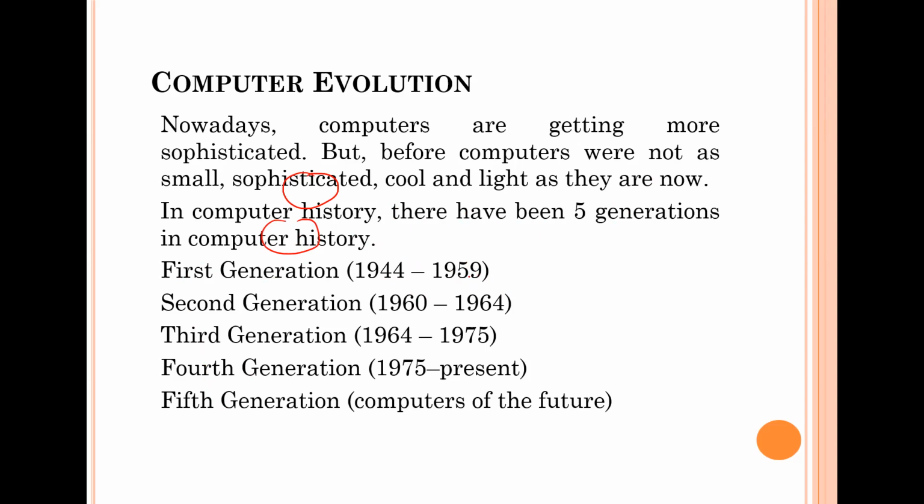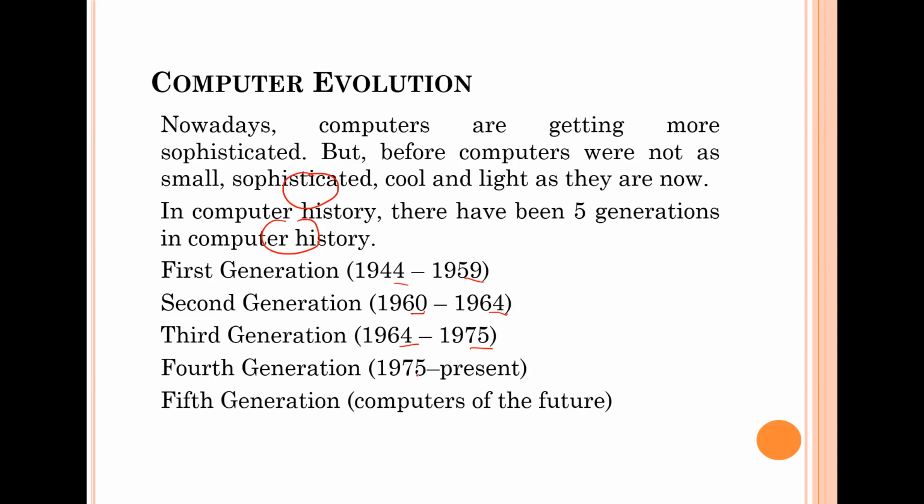It's very old, right? And then the second one is 60 to 64. And then the third one is 64 to 75. Yeah, the first one we will explain later, each of these generations of the computer evolution.